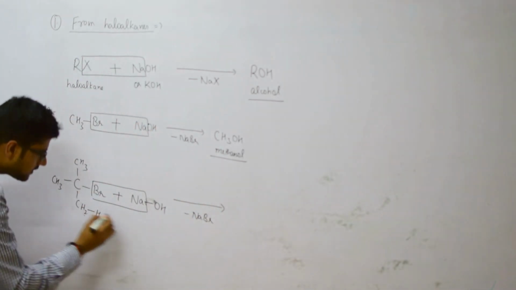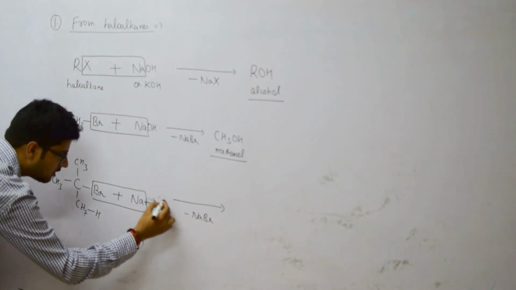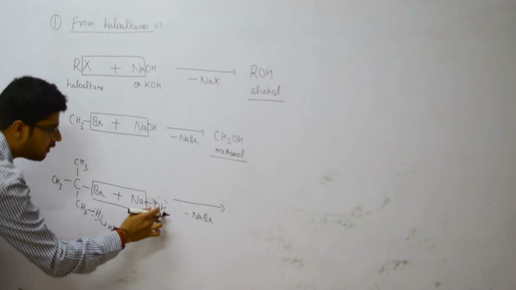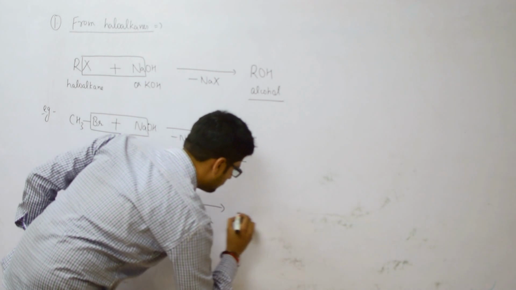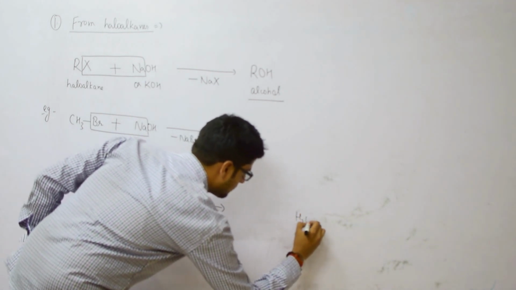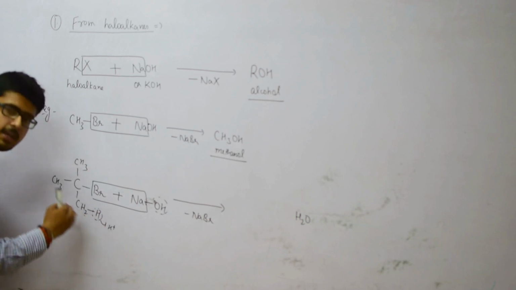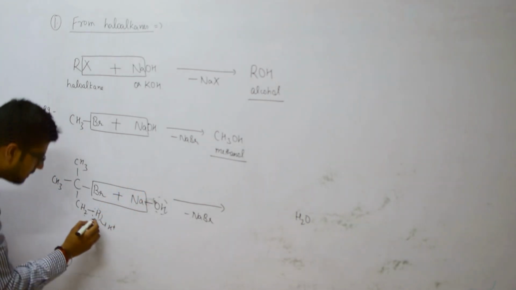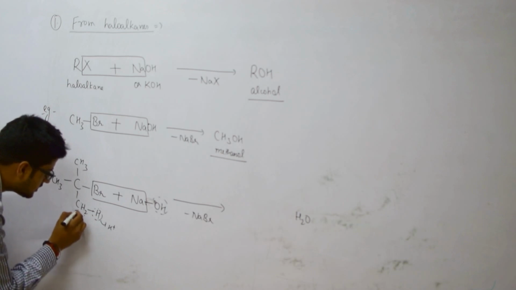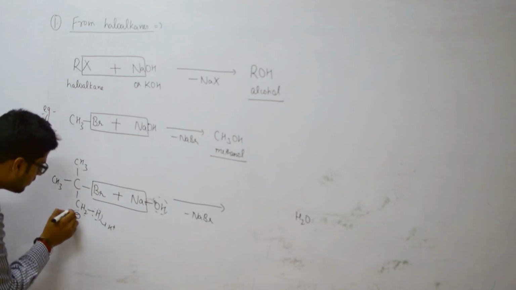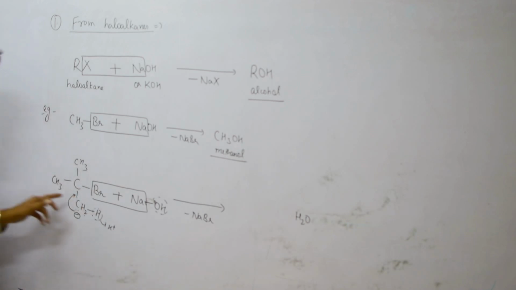And one more thing, this OH combines with this proton, H plus ion, and forms water, H2O. This hydrogen will be eliminated in the form of proton by giving its 2 electrons to this carbon atom, and a carbon ion is developed, which further donates this double bond, and a double bond is formed over here by hyperconjugation.